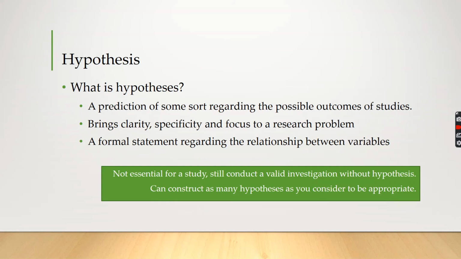But it helps you to predict your outcome. Maybe you want to say that the percentage of crime rates increased because there are a lot of urban poor, for instance.